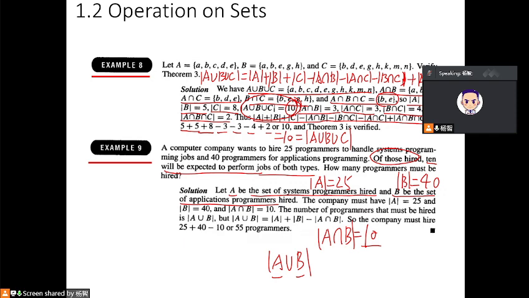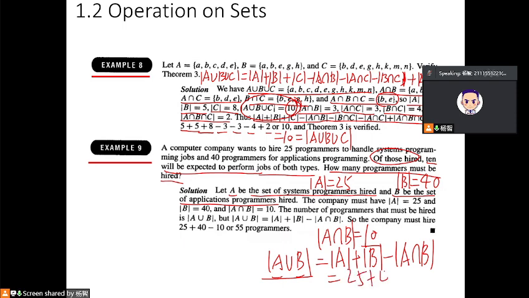So how many programmers must be hired? We use the inclusion-exclusion property. It is equal to 25 plus 40 minus 10, which equals 55.